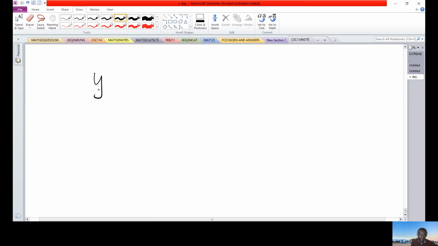And then the next one, y is given by cot inverse of x. So we write this as cot y is given by x, and then introduce d/dx on both sides.